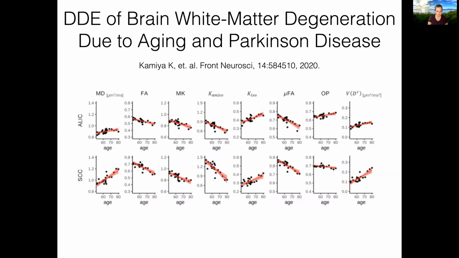disease. And this is a paper on white matter degeneration, also an aging study, and also in Parkinson's patients. And they compared a whole variety of metrics and showed some quite clear correlations with age that included the microscopic fractional anisotropy.